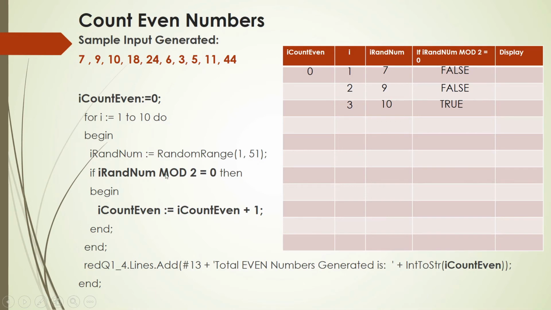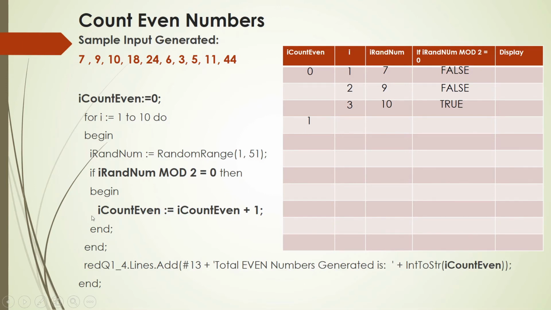If the condition evaluates to true, it means that the random number generated is an even number. I now need to increment my counter variable. iCountEven is assigned the current value of iCountEven, which is 0, plus 1, because I found the first even number, and that value now changes to 1.